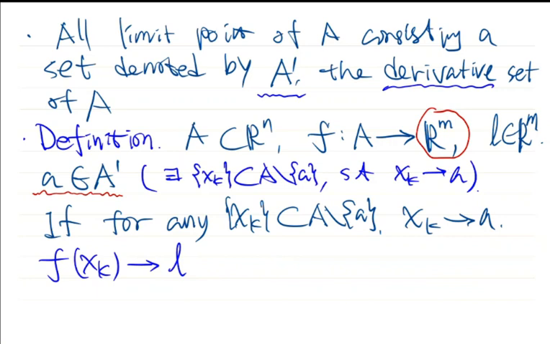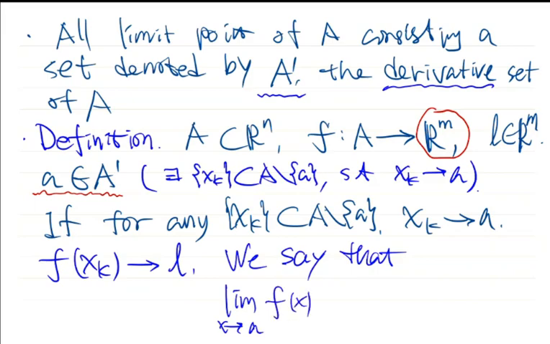So f(xk) is a sequence in Rm. L is an element in Rm. Therefore, we can say whether this sequence f(xk) converges to L or not. Okay. So if for any sequence converging to a, this is true, f(xk) converges to L, we say that the limit of f is L. Okay, so this is our definition of the limit of multivariable functions.